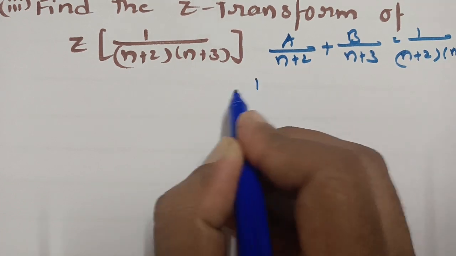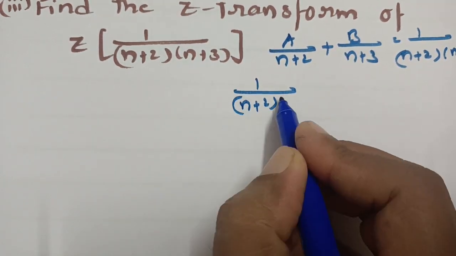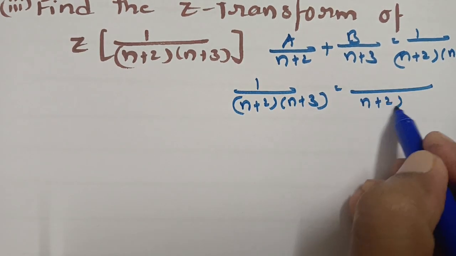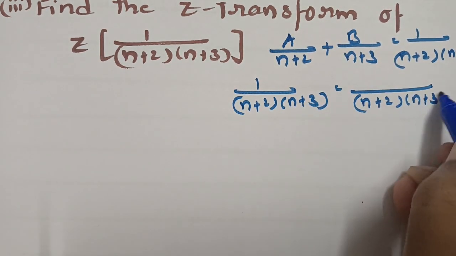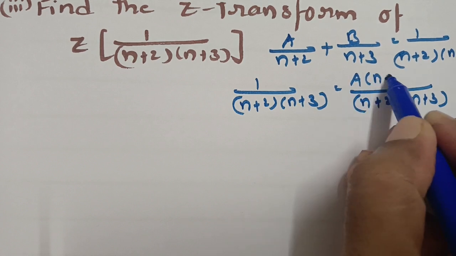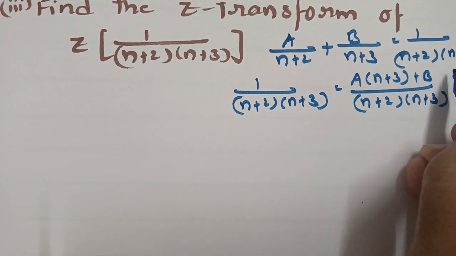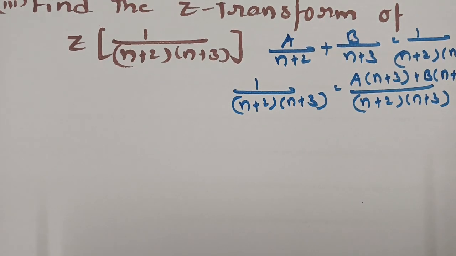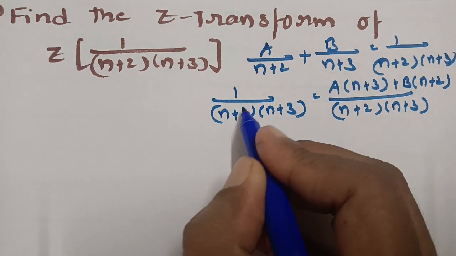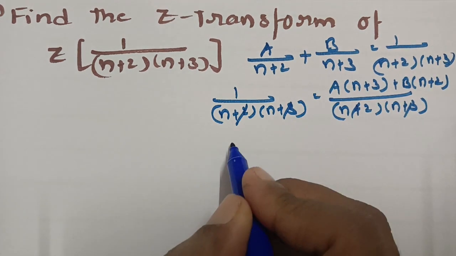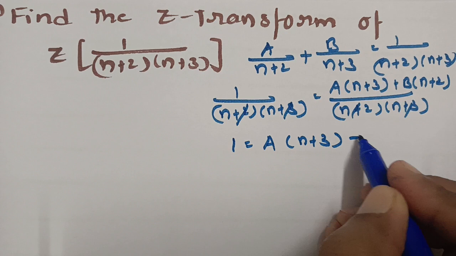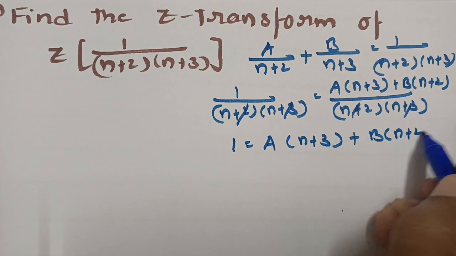If I take the LCM, 1 by n plus 2 into n plus 3 can be written as a into n plus 3 plus b into n plus 2, over n plus 2 into n plus 3. Now I can cancel these two, and the equation here is 1 is equal to a into n plus 3 plus b into n plus 2.